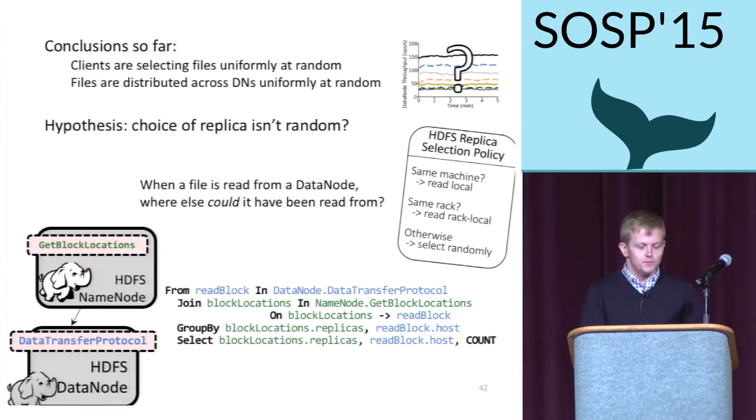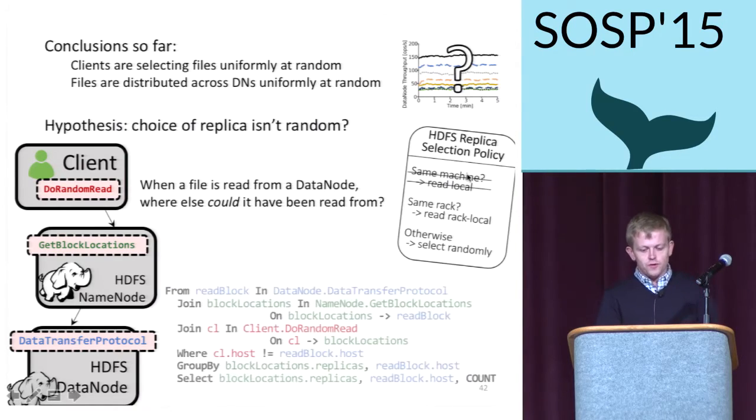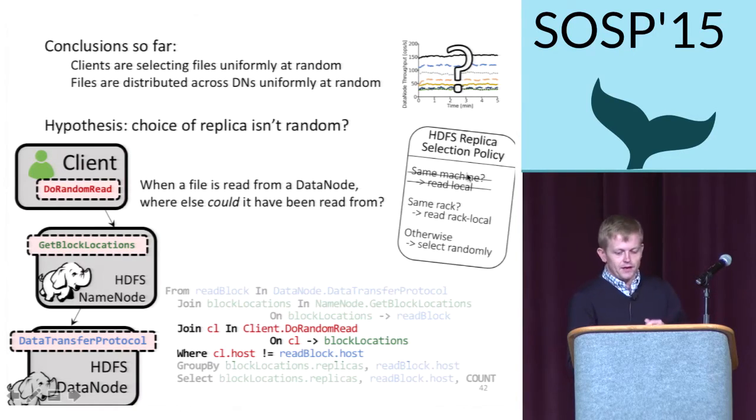And just to make things more confusing, we're going to make our query a little bit more specific. We know that clients will try to first read locally, and we want to ignore that case. We only care about when the client's reading an off-rack replica and is having to choose randomly. So we're going to expand our query to also take into account the initiating client, and we're only going to produce tuples if the client's hostname is not the same as the ultimate data node's hostname.